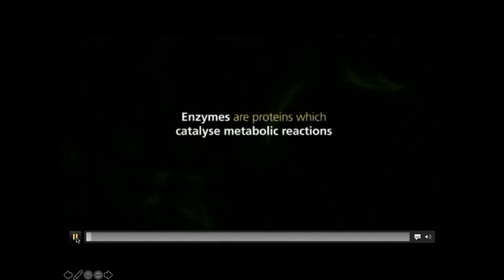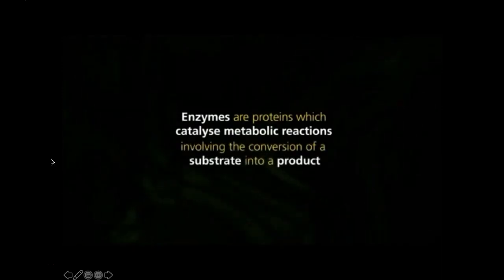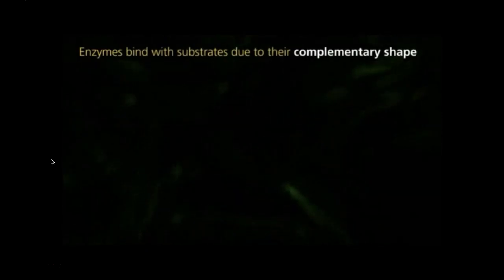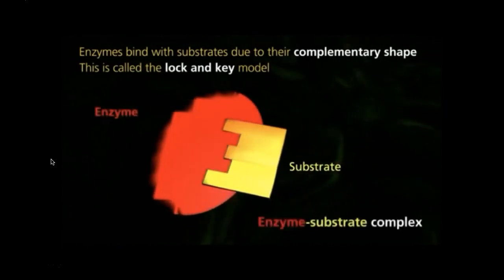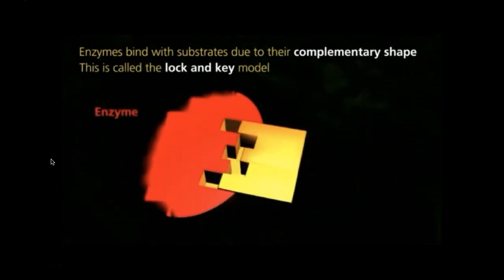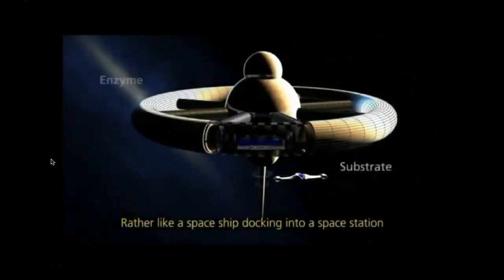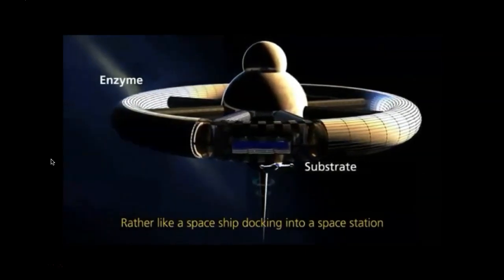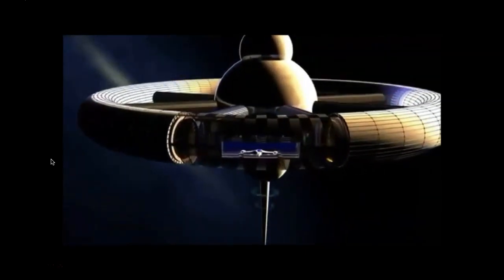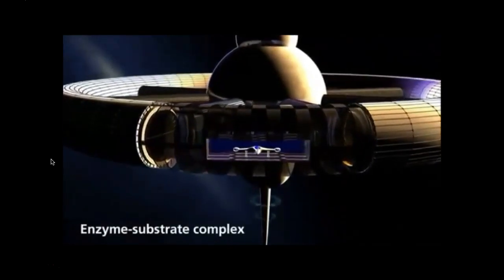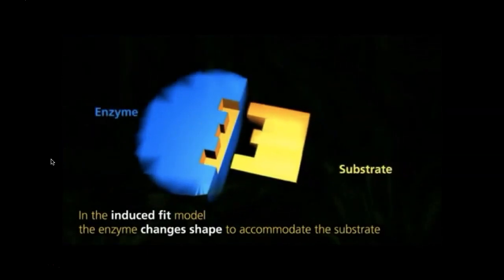Let's watch this quick video together from the beginning. Enzymes are proteins which catalyze metabolic reactions involving the conversion of a substrate into a product. Enzymes bind with substrates due to their complementary shape. This is called the lock and key model. Rather like a spaceship docking into a space station. In the induced fit model, the enzyme changes shape to accommodate the substrate.